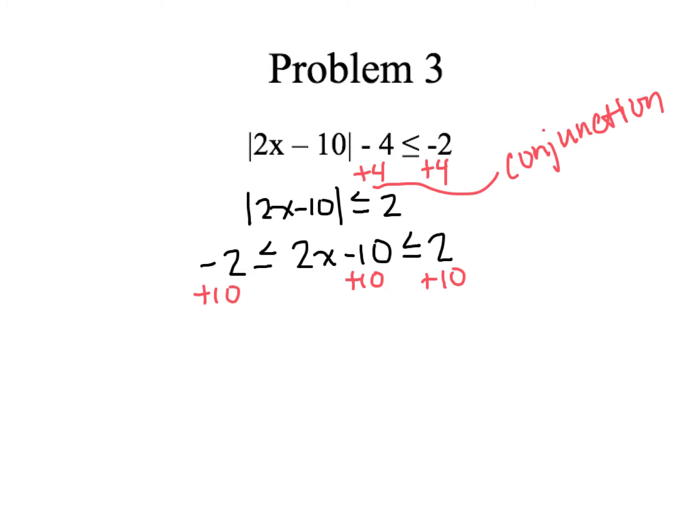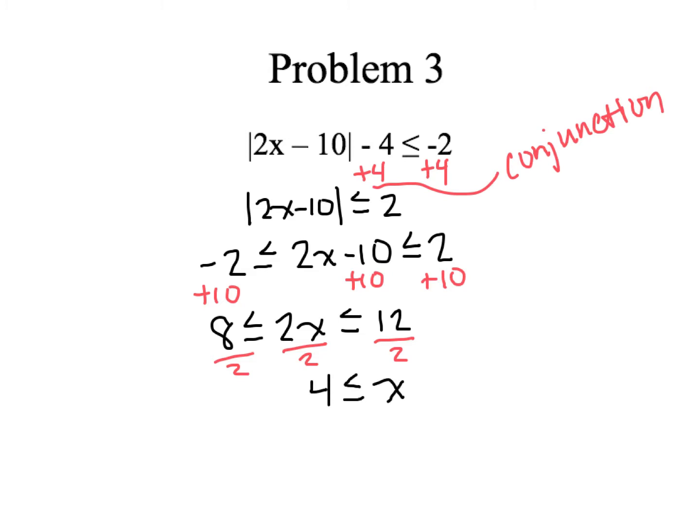So I get 8 is less than or equal to 2x, which is less than or equal to 12. Divide everything by 2. And I get 4 is less than or equal to x, which is less than or equal to 6.